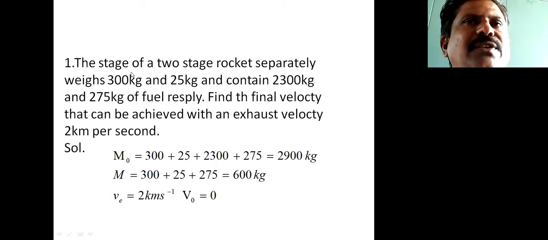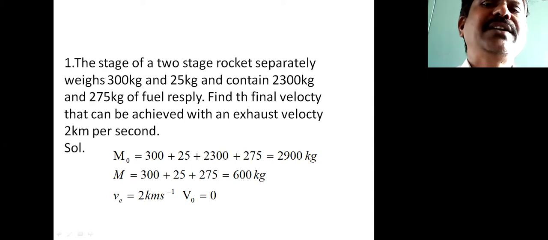So here you have a two-stage rocket, okay, so you have two engines, a double stage rocket which contains two engines. Those two rockets weigh, the first one 300 kg, the second one 25 kg.